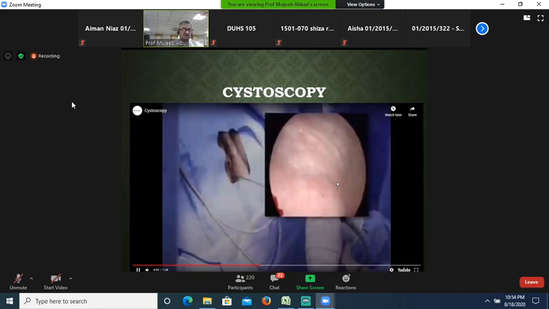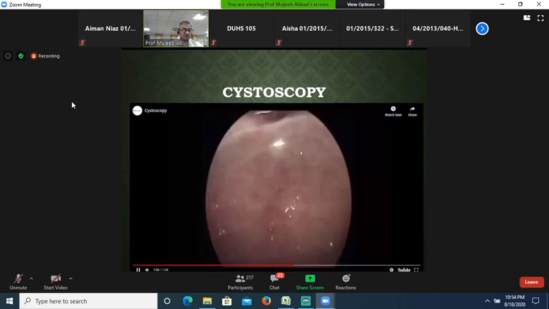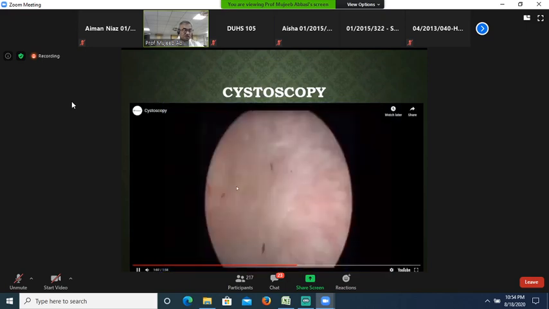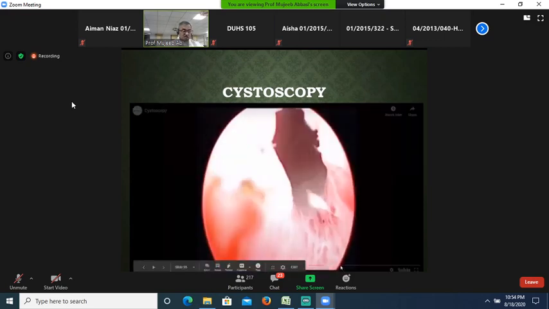He has turned the scope. Now it's a 30-degree scope. Turn it upside down. He's looking at the rooftop of the bladder. Now that's one orifice, that's another orifice, ureteric orifice. That's how they look. So that was the basic. So you can see a whole lot through the cystoscopy investigation.